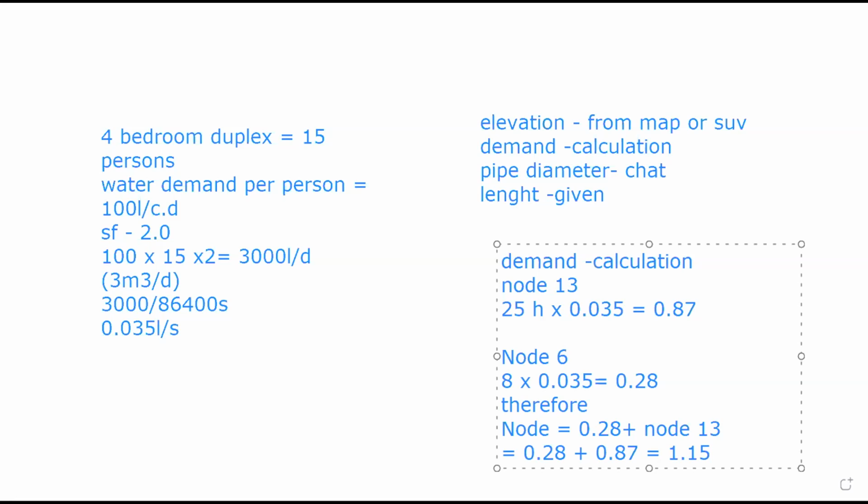Node 13 will be 0.87, and node 6 will be 1.15. So 0.28 is just the demand of node 6, but the real demand, the base demand, is different. Any question?